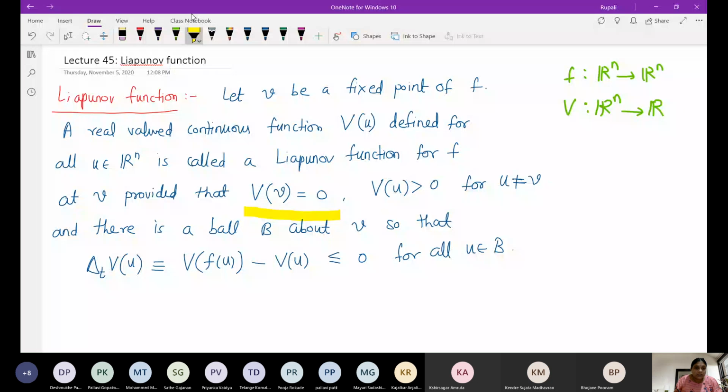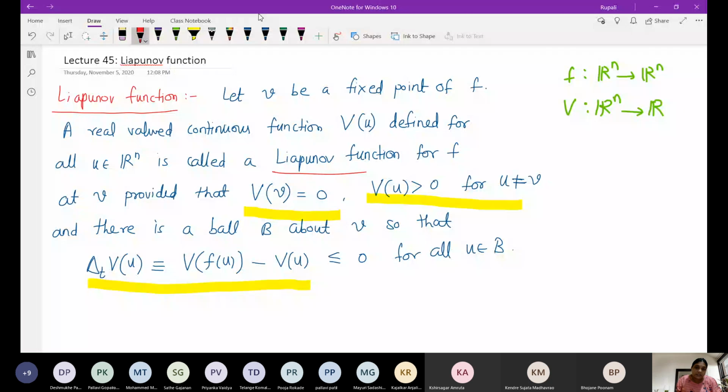And there is an additional condition: there exists a ball B centered at v, maybe of some radius r, so that this delta V of u, which we define approximately as V at f at u minus V at u, must be less than or equal to 0 for all u belonging to B. So if my function V satisfies these conditions, then it will be called a Liapunov function for f.